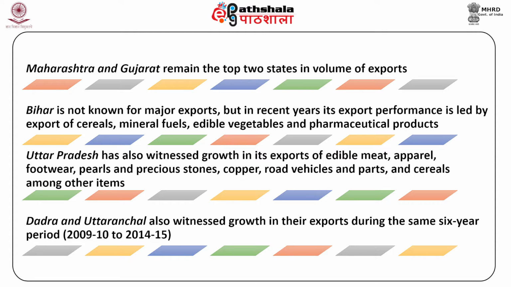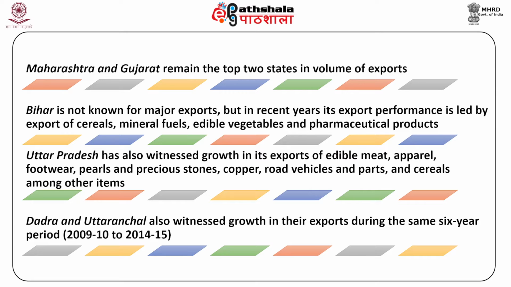According to the latest state-wise export data for the last 6 years available with the Commerce Ministry, exports from Bihar rose from a modest rupees 351.34 crores in 2009-10 to rupees 6,310.93 crore in 2014-15, moving from 24th position among states in 2009-10 to 17th position in 2014-15.